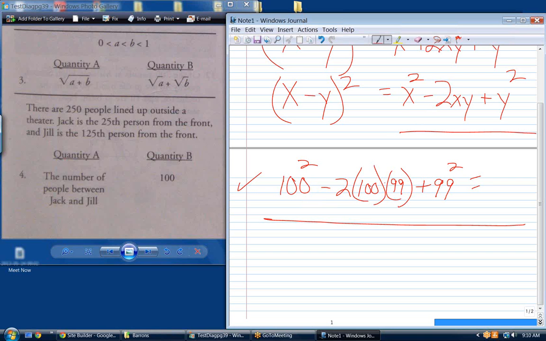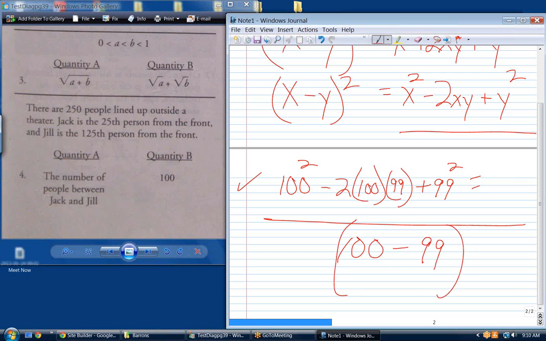This 100 squared minus that is exactly that, which means this has to be 100 minus 99 squared, or 1. So without using a calculator, I know this quantity has to be 100 minus 99 squared, because it's equal to x minus y squared.